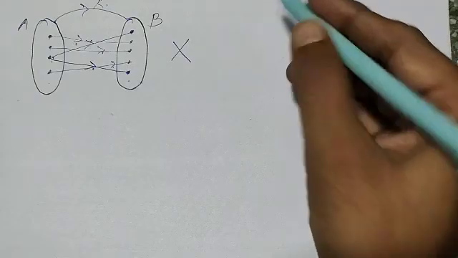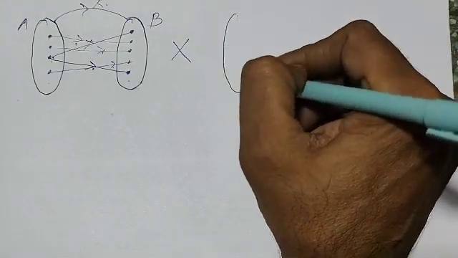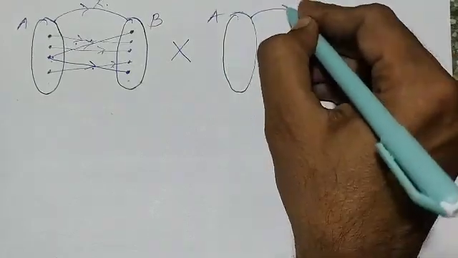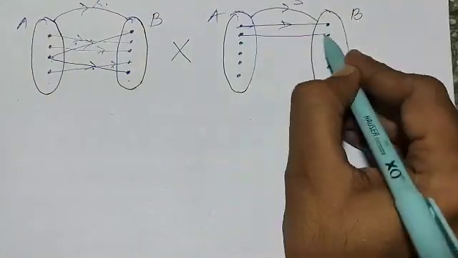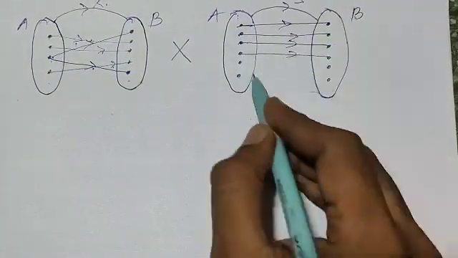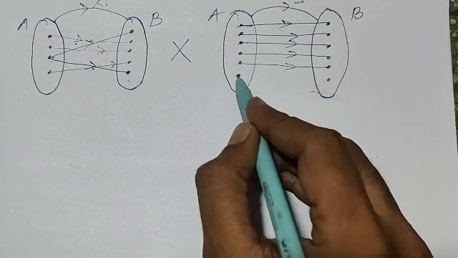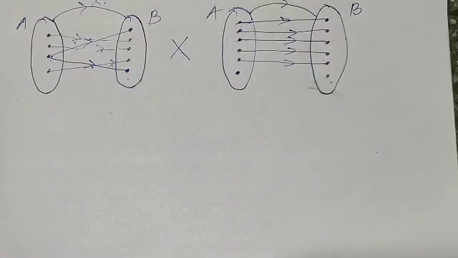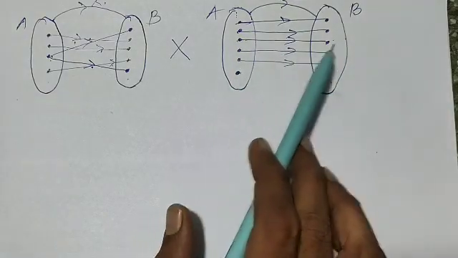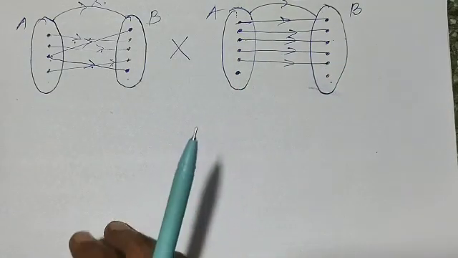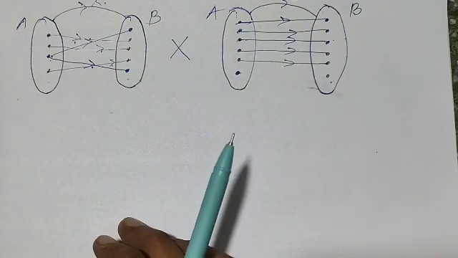Now to understand better, let us take one more example. The sixth element of A doesn't have an image in B. The first criteria to be a function is that there should not be any element in A which doesn't have an image in B. But we see there is one element in A which doesn't have an image in B. So the first criteria of a function is not satisfied by this relation.